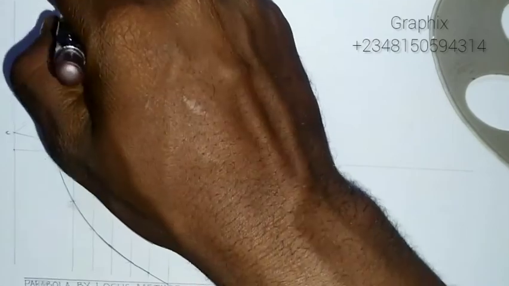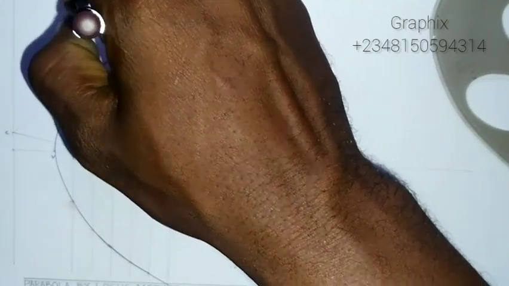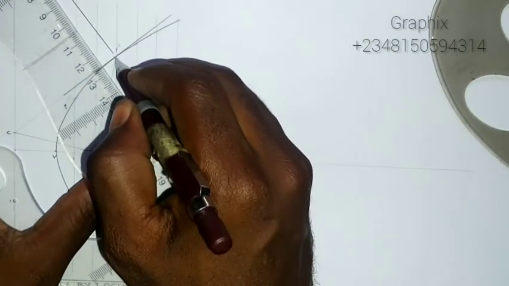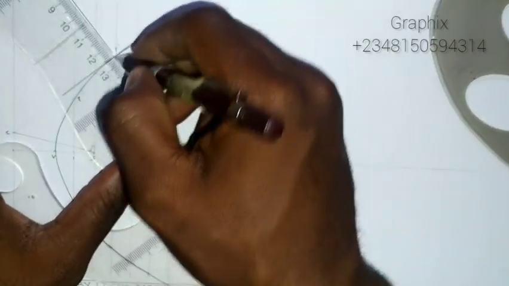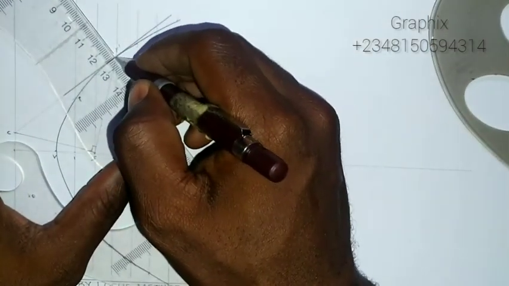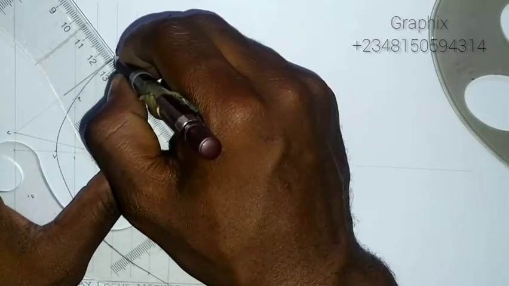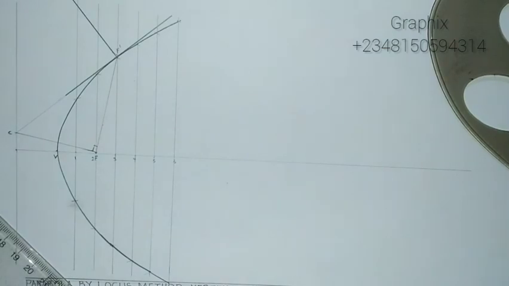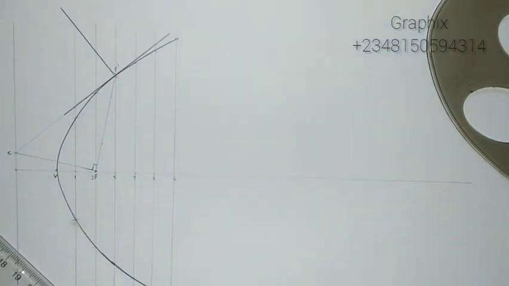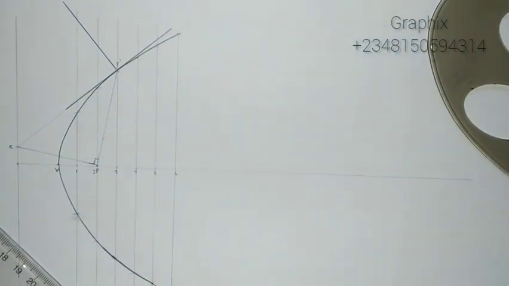You'll be having this. So let me complete it to this point. This will be my tangent here, my normal. So this is how to draw a tangent and a normal to a parabola.